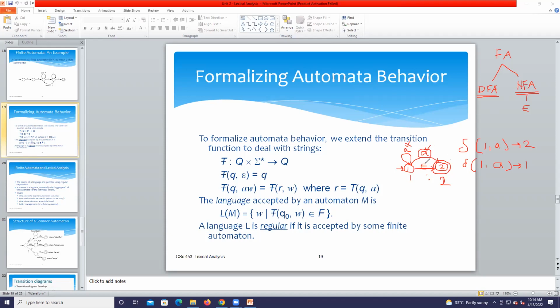If null is acting as an input, that is, no input is provided, then also the transition is possible from one state to another. That type of transition is called epsilon transition, and they are present in the NFA. So these are the two main differences between NFA and DFA.